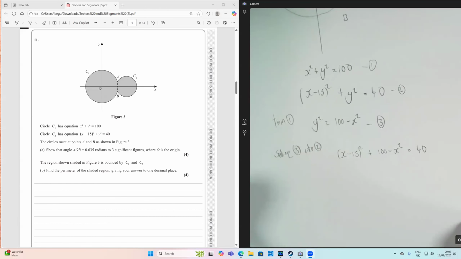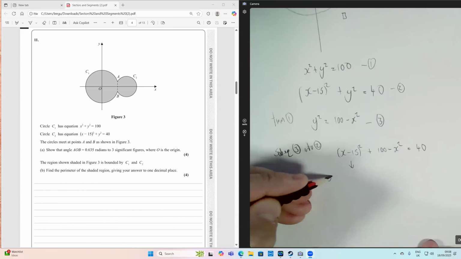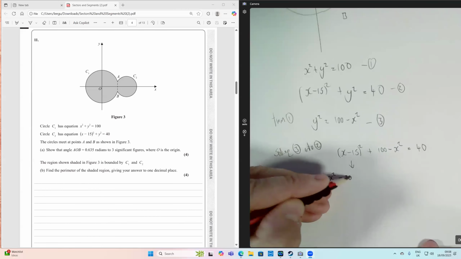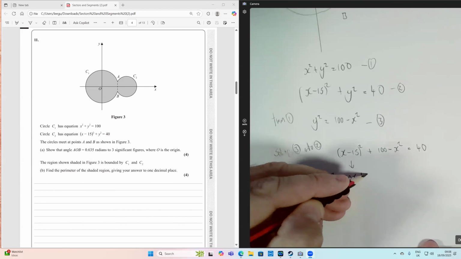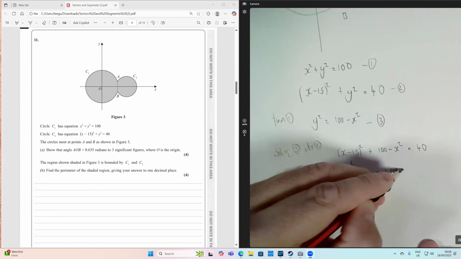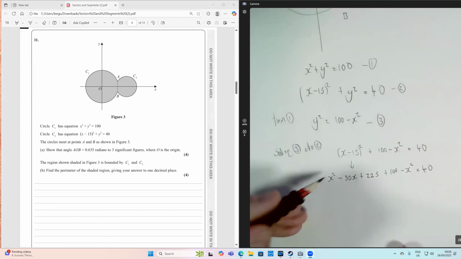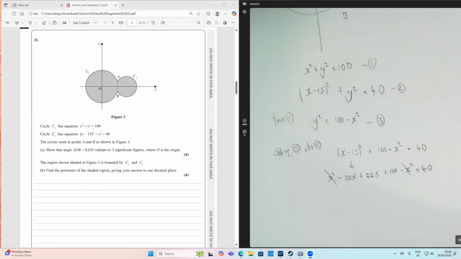We found out that y squared is 100 minus x squared. So now we can expand this bracket. So we get x squared minus 30x plus 225 plus 100 minus x squared equals 40. And let's collect, oh, that's nice. The x squareds cancel. That's super helpful. And now we've got 30x here, which we could just take over the other side.